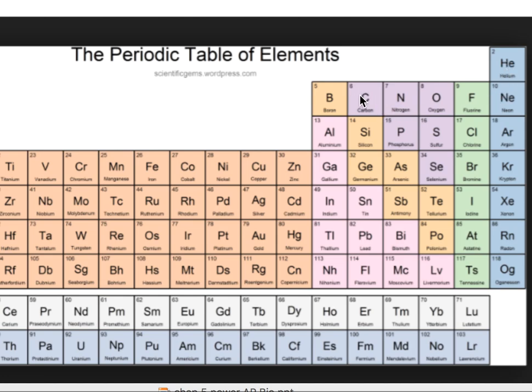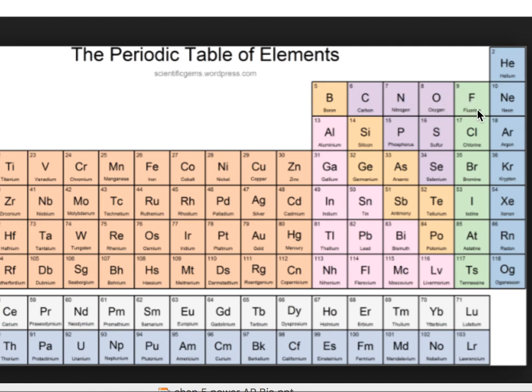It always needs to have 4 bonds. And the fact that it can go above or below to the nearest noble gas makes it very, very flexible, and thus it becomes the basis of all carbon living forms, because carbon is very, very flexible that way.